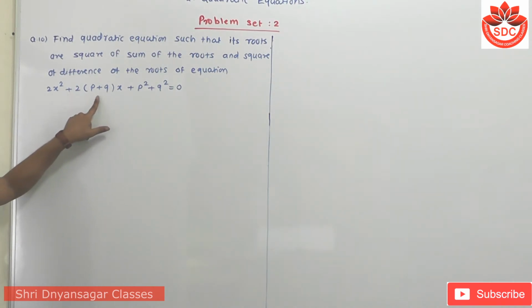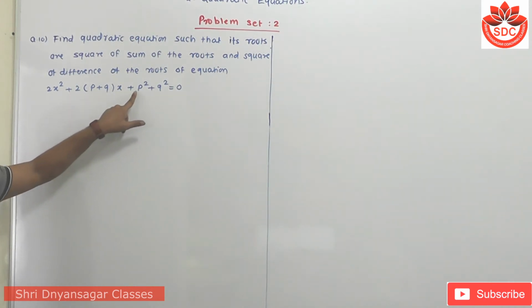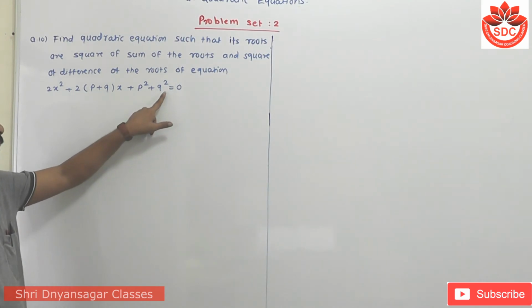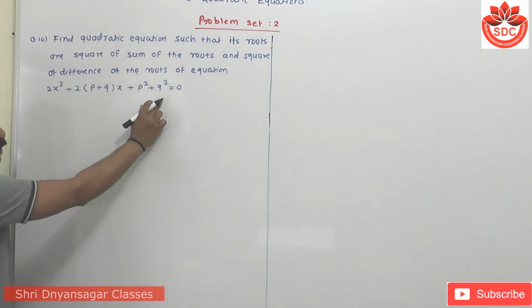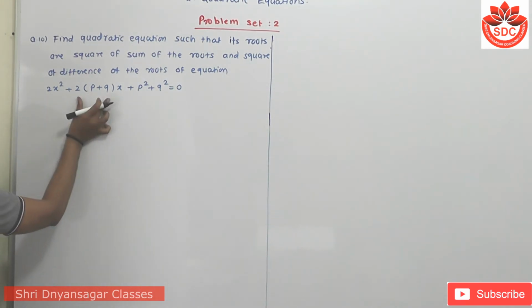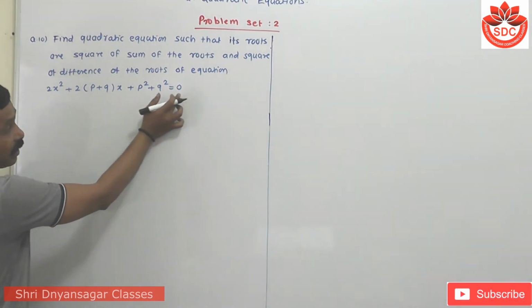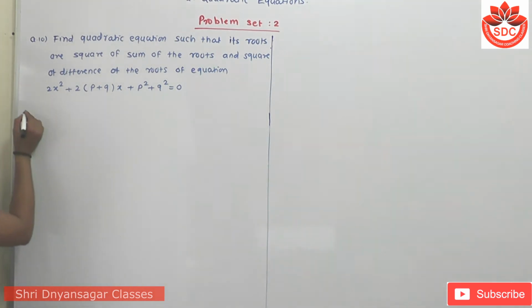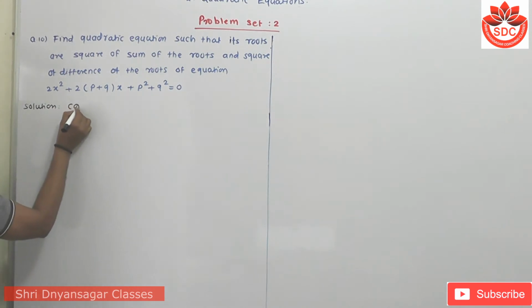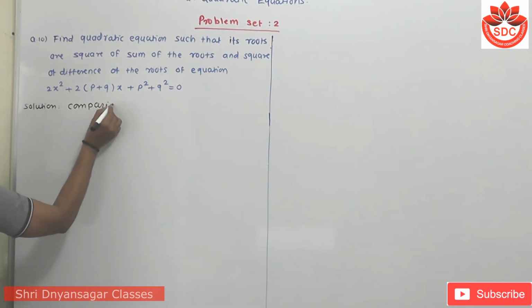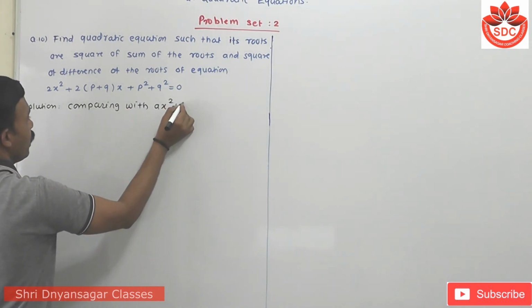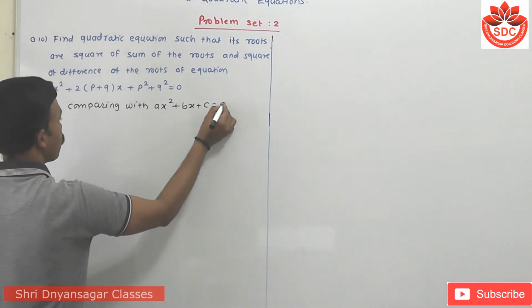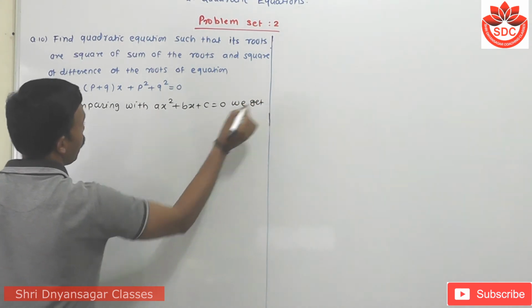Twice x square plus twice p into p plus q into x plus p square plus q square is equal to 0. Student, this is the quadratic equation. This is ax square plus bx plus c is equal to 0. So comparing it in this solution, comparing with ax square plus bx plus c is equal to 0, we get the values of a, b, c.